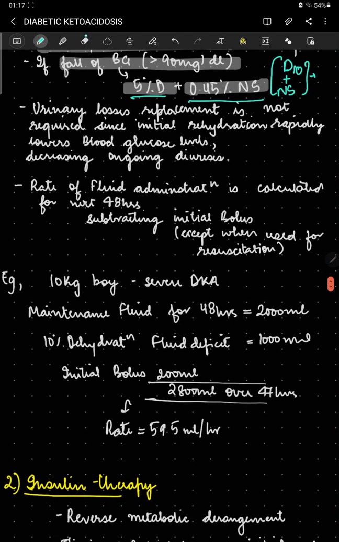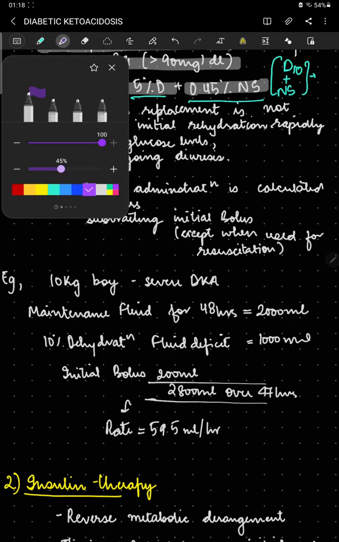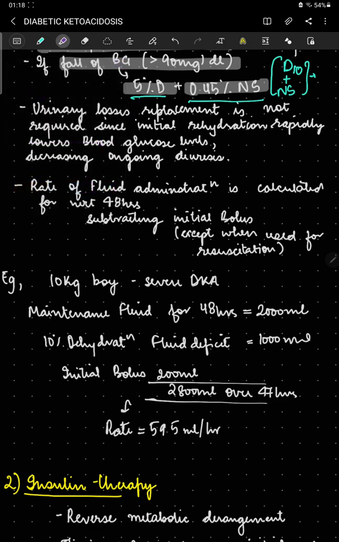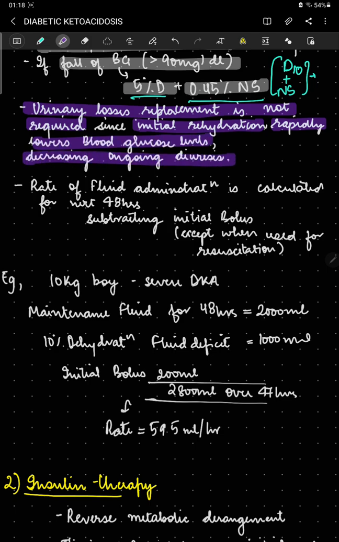It is very important to note here that unlike in dehydration or acute gastroenteritis, where we replace the ongoing losses, urinary loss replacement here is not required, because the initial rehydration rapidly lowers the blood glucose levels, and thus decreases the ongoing diuresis.